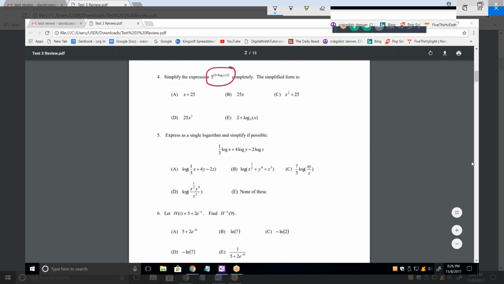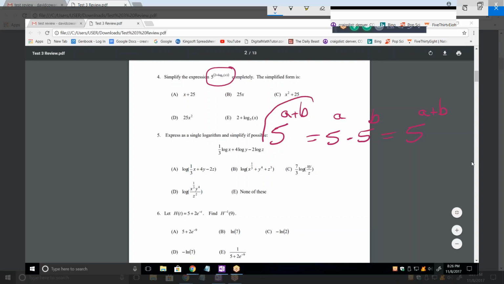This looks a little tricky, but notice one thing. If I said 5 to the a plus b power, that is the same thing as 5 to the a times 5 to the b, correct? In other words, if I'm multiplying the same base, I'm adding the exponents. That ends up being 5 to the a plus b.